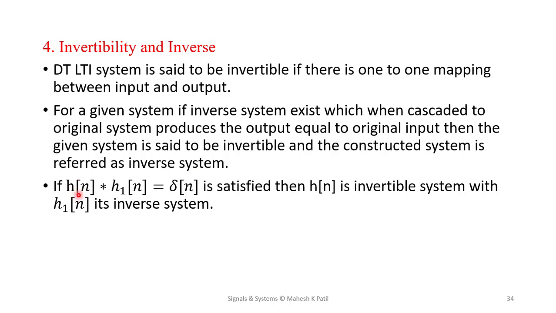You can refer to this equation here. If h of n convolved with h1 of n is equal to delta n, then h of n is an invertible system with h1 of n as its inverse system. In this way, the invertibility and inverse property can be seen.